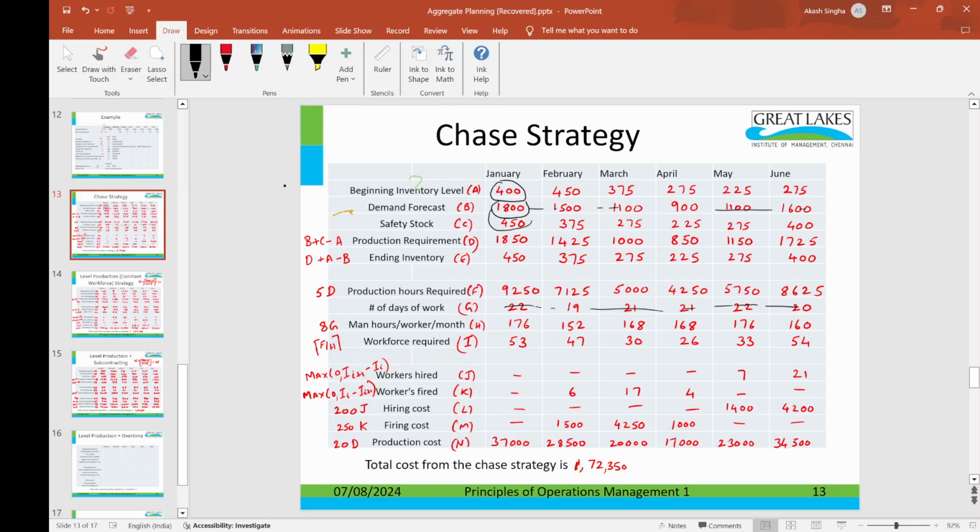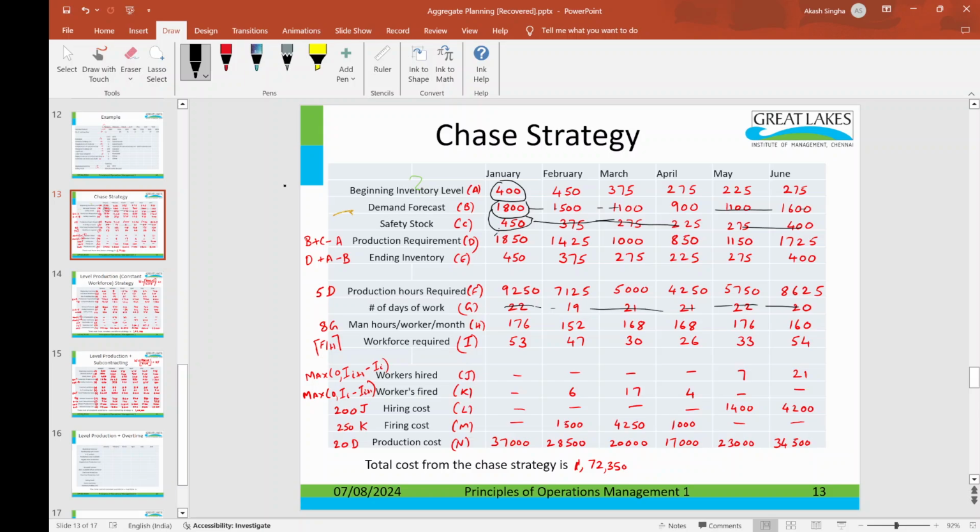So if we are calculating for the chase strategy, calculate the 25% of the demand and put down the safety stock values. Just 25% of the B. Now production requirement, how much we have to do. B is the demand, C is the safety stock. So 2250 is needed and 400 was already there. So 2250 minus 400, 1850 is the production requirement.